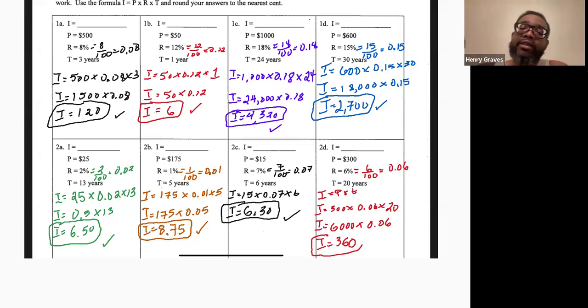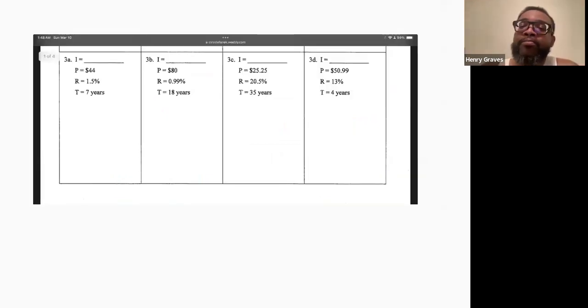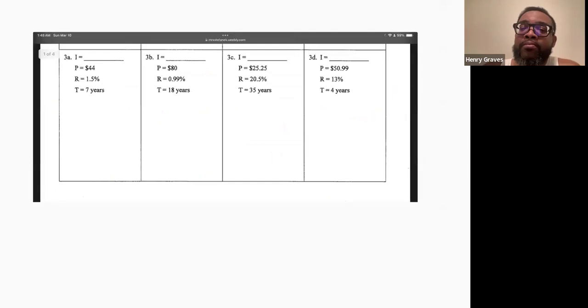All right, these last ones here, I can easily do, and then we'll call it a day for simple interest. Let me see if I can move it up. All right, perfect. So again, my formula is I is equal to PRT.